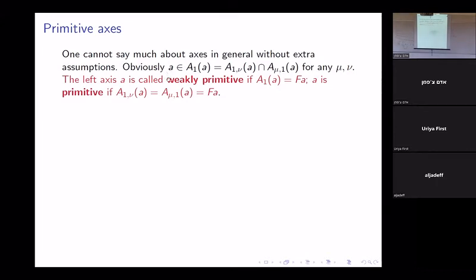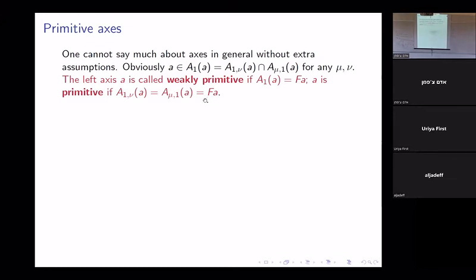So that's still not enough. So we say that A is weakly primitive if the one eigenspace of A is Fa, and A is primitive if both the right and the left eigenspaces of A are Fa.